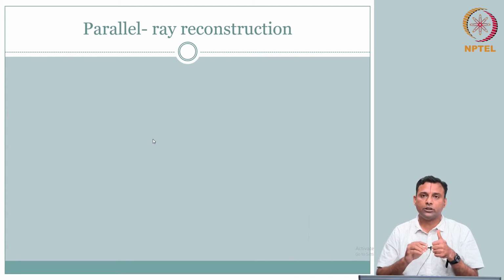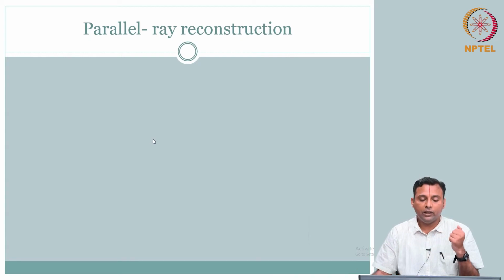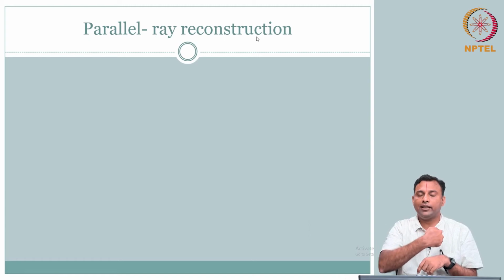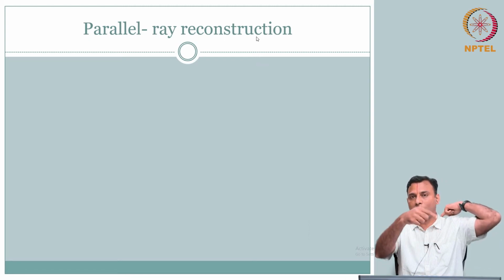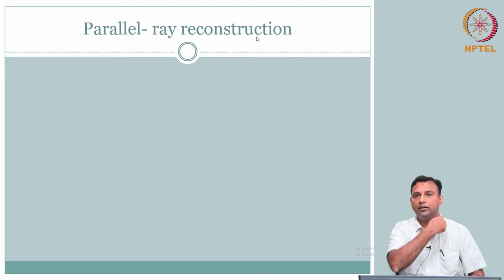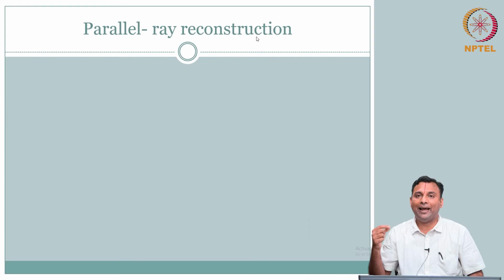Just to reiterate, we are going to do parallel ray reconstruction. What is parallel ray reconstruction? We send one X-ray, I have one detector, one line integral, which is what we got. So we are going to mimic the first generation, where you send, receive, translate, send, receive, so you have parallel lines.